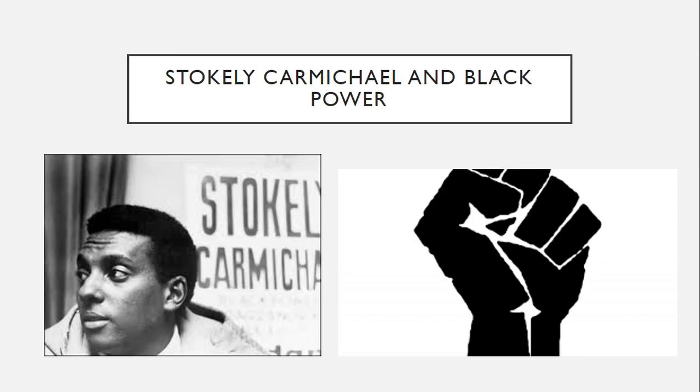The last part of this is Black Power. This is a phrase that became famous in 1966 by Stokely Carmichael. He was the leader of the Student Nonviolent Coordinating Committee. Black power is an argument or a statement to say that the Black community should assume control over their own communities to fight against discrimination and to challenge white supremacy, and violence may be necessary.